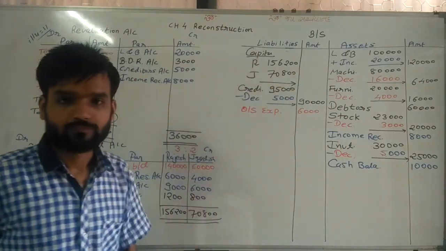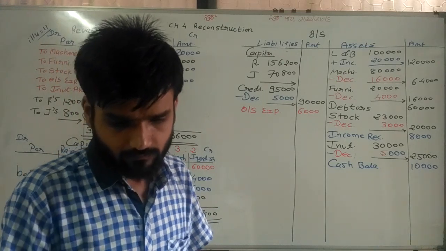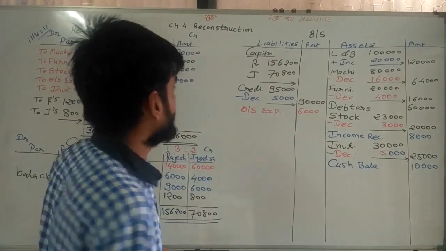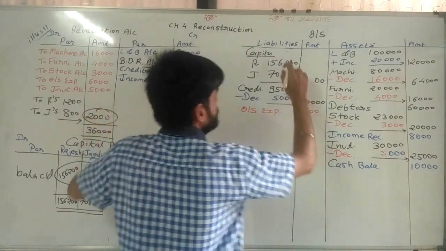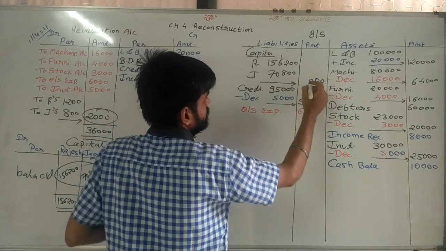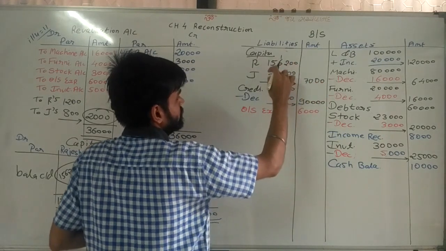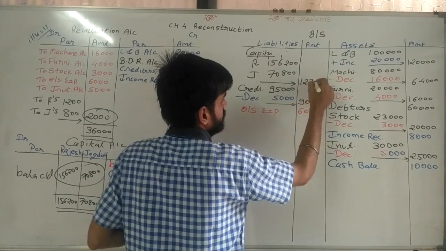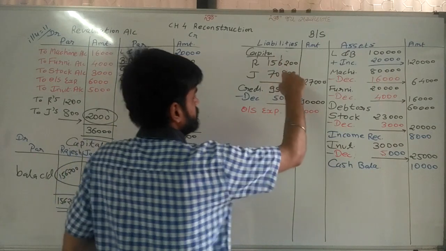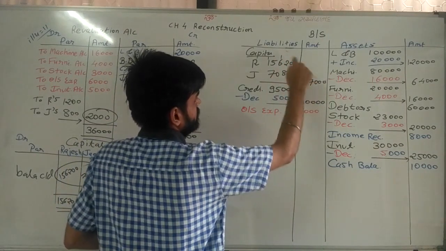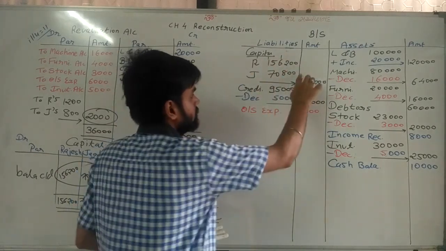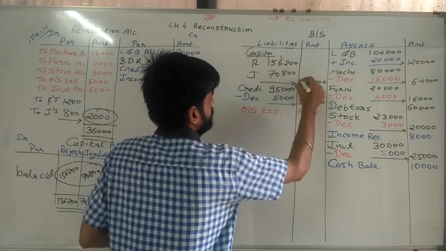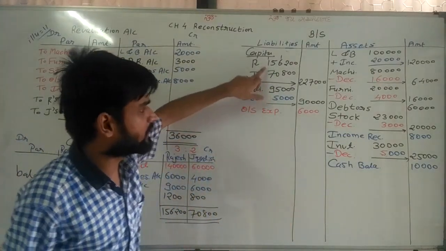Now make total of these two, and that total is 2,27,000.